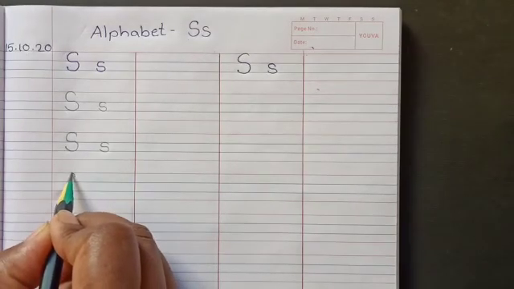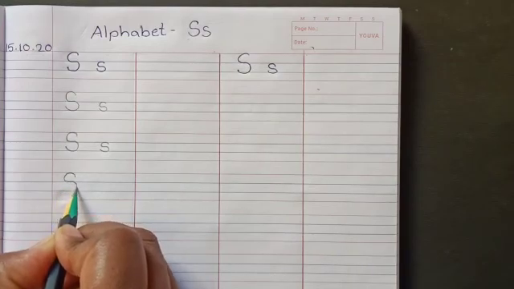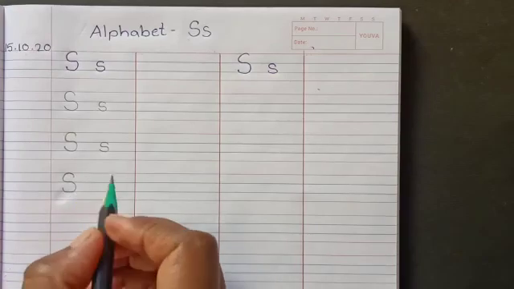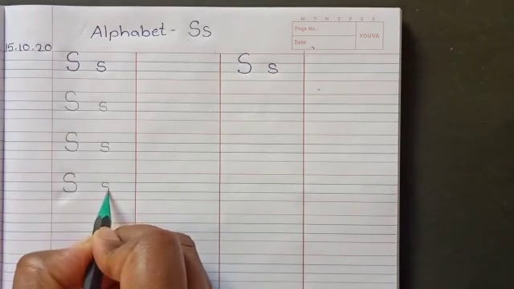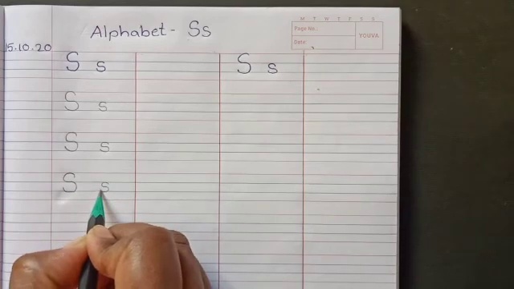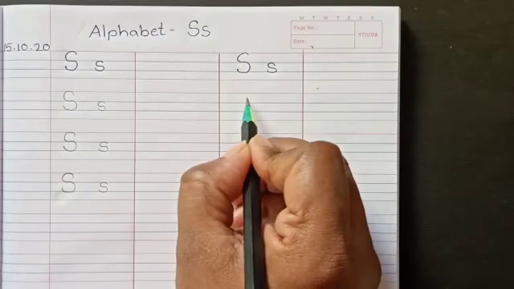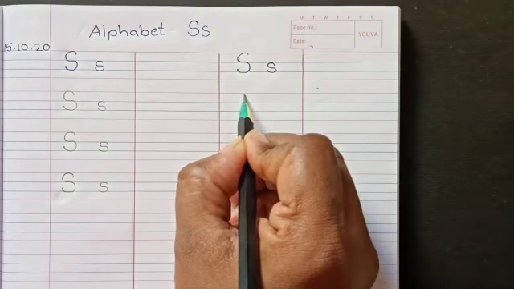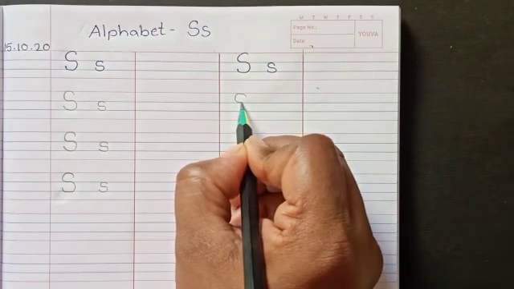Again, make a C curve. Then a reverse C curve, go up, capital S, C curve, reverse C curve, go up, small s. Put your pencil little bit below the red line, and then make a C curve touching the red line till first blue line.